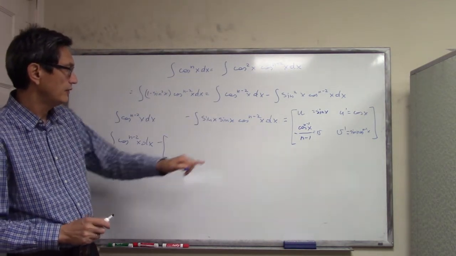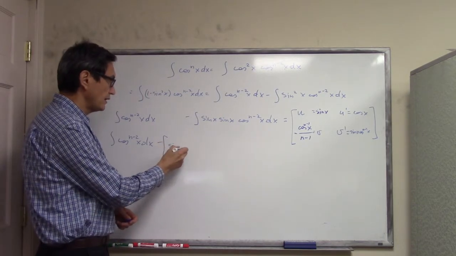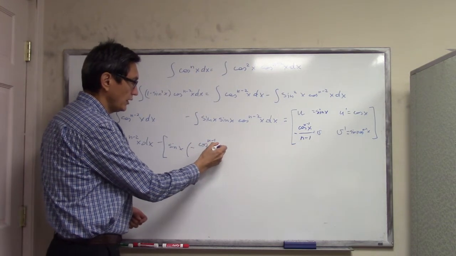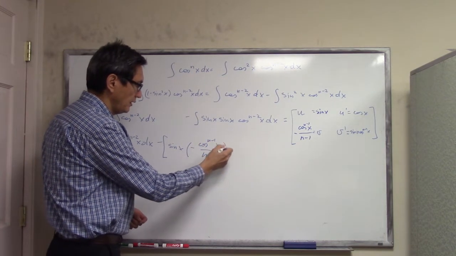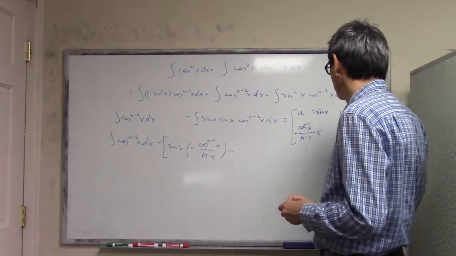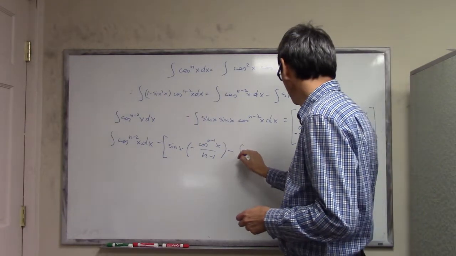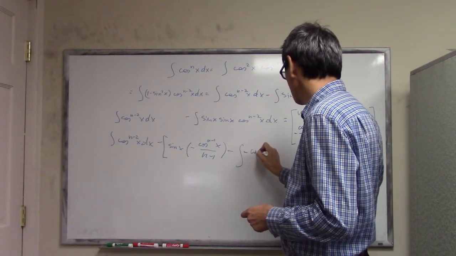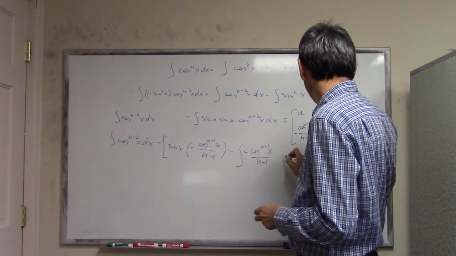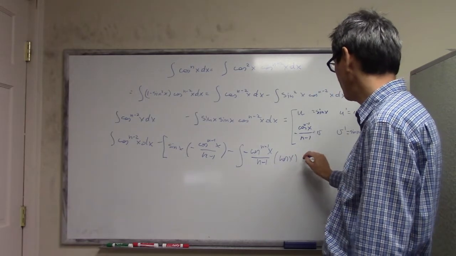So we have uv: sine x times negative cosine to n minus 1 x over n minus 1, minus the integral of v u prime: negative cosine to n minus 1 x over n minus 1 times cosine x dx.